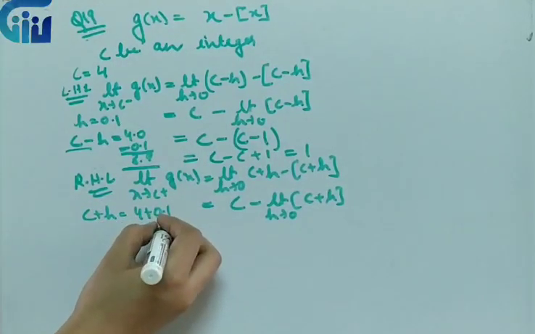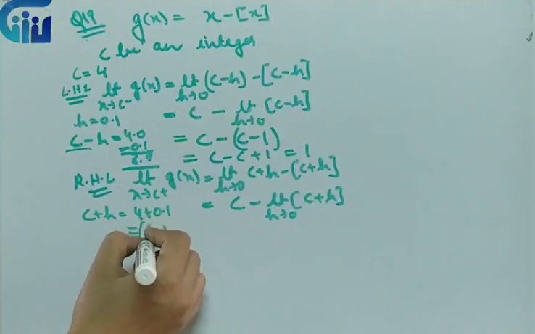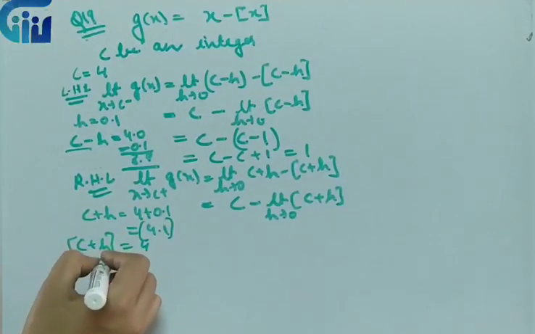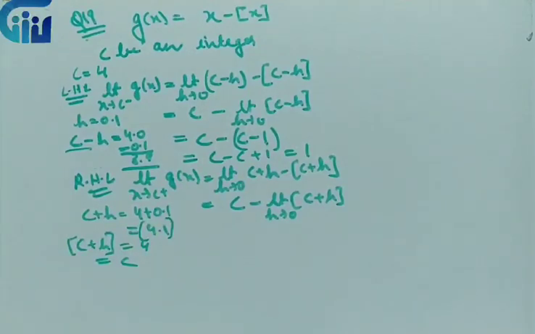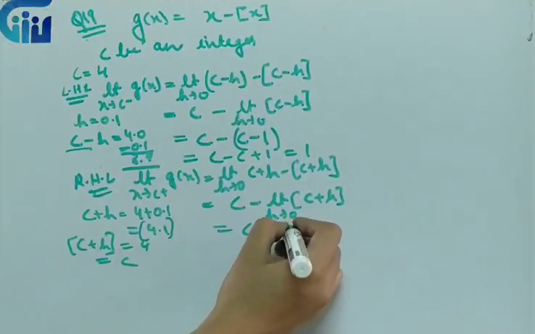So it will definitely be greater than 4. Whatever small value I add to 4, it will be greater than 4. So the greatest integer function for this will be 4. So if I write the greatest integer function of c plus h, will it be c? Right? Because whatever I add to c is very, very small, not more than the next consecutive integer. So it will always come out to be c, right? So here it is c minus c, 0.